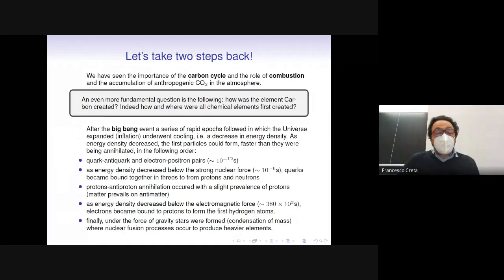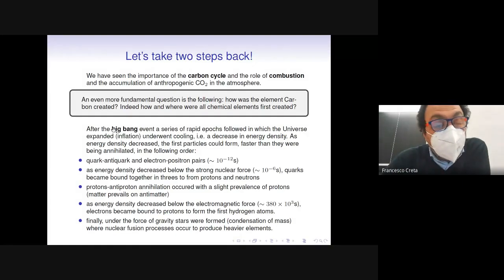That's why we have to go really way back in time, essentially to the Big Bang. This Big Bang is an event which is composed of a series of rapid so-called epochs, in which essentially the universe expanded very rapidly.